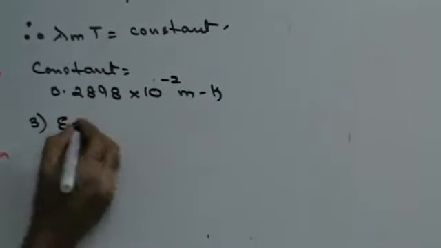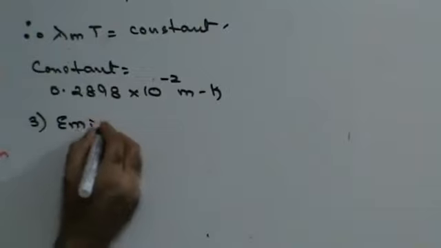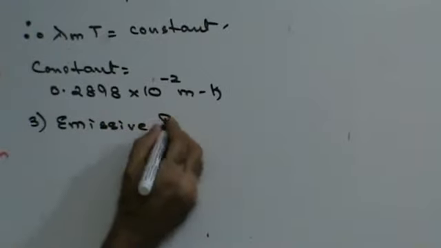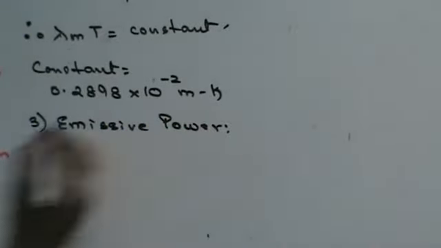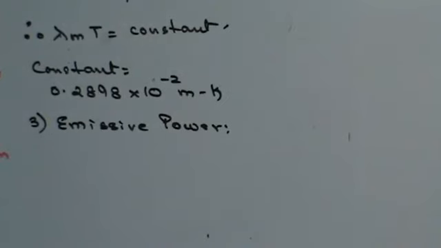Next, what do we understand by emissive power? How much heat energy would be emitted per unit time, per unit surface area at a given temperature is called the emissive power of a body.